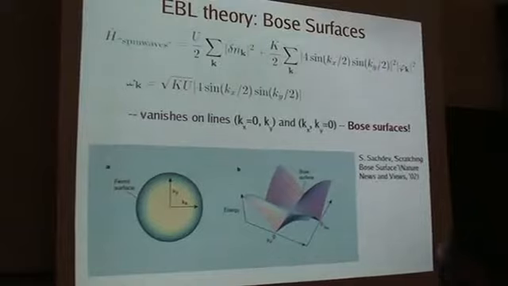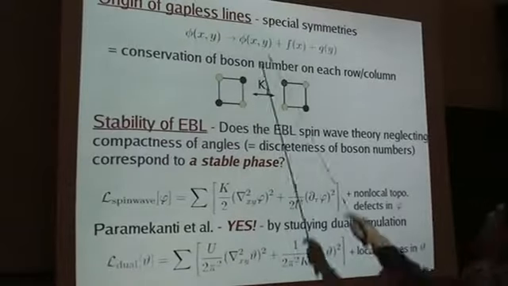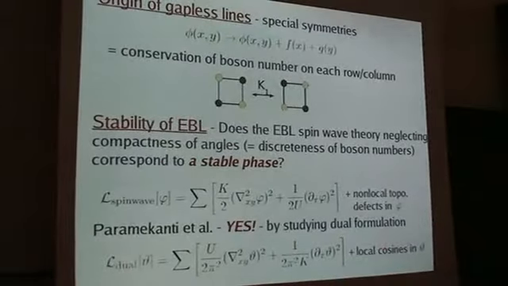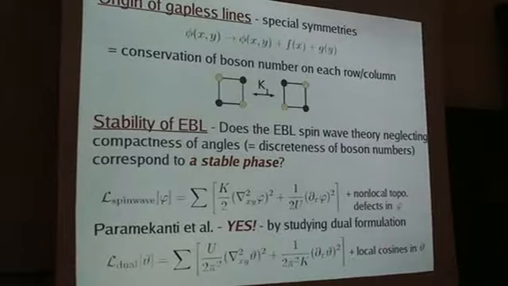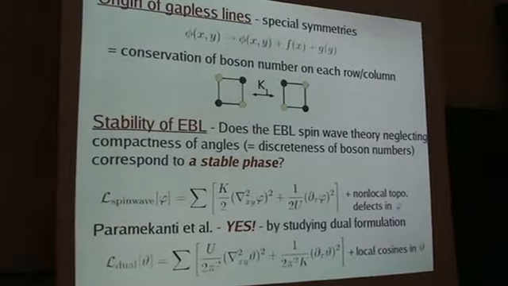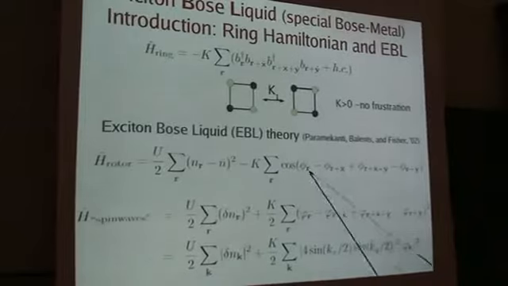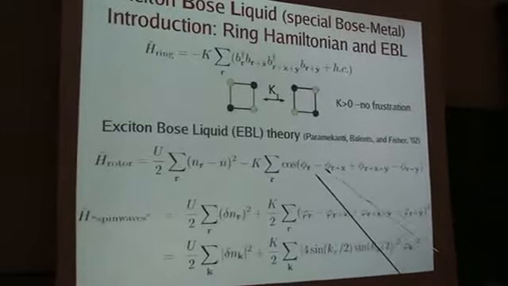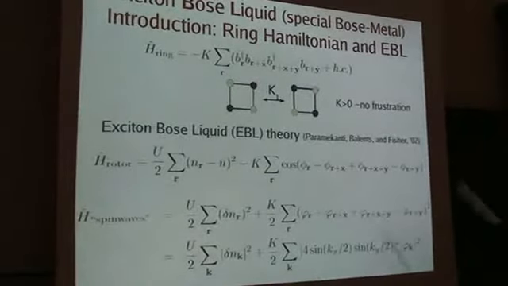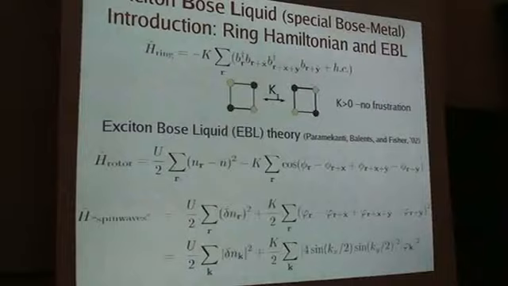And the origin of these gapless lines is quite simple. If you look at this ring Hamiltonian, this term is invariant if you add to the phase an arbitrary function of x plus an arbitrary function of y.